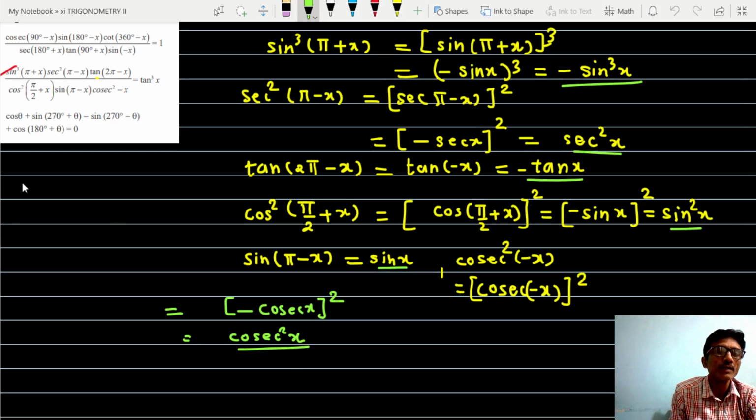First of all, we'll write sine cube of pi plus x, which is equal to minus sine cube x.